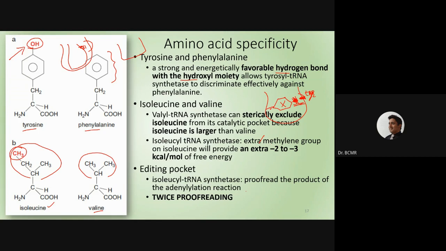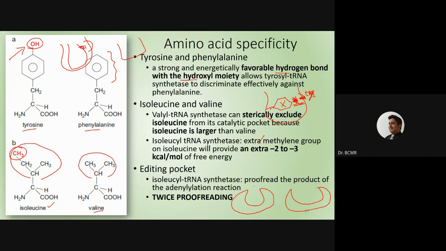I will try to draw for valine. Assume this is valine. I'm only talking about the active site. The rest of the enzyme is there. That's the valine pocket for valine tRNA synthetase. And I would also want to put isoleucine, which is a little bigger, right?